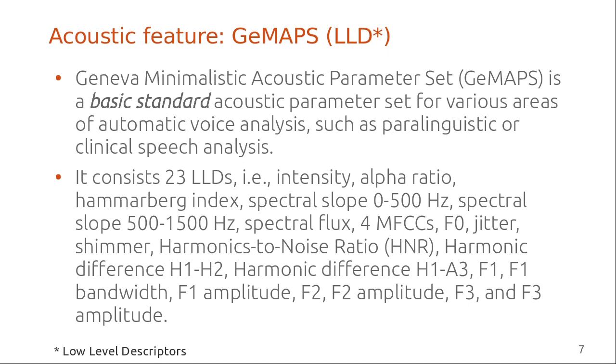This feature set consists of 23 LLDs, or low-level descriptors, like intensity, alpha ratio, Hammarberg index, MFCC, F0, and formants. This is frame-based processing. So for example, if an utterance is divided into 1000 frames, then the feature size will be 1000 multiplied by 23, very big.